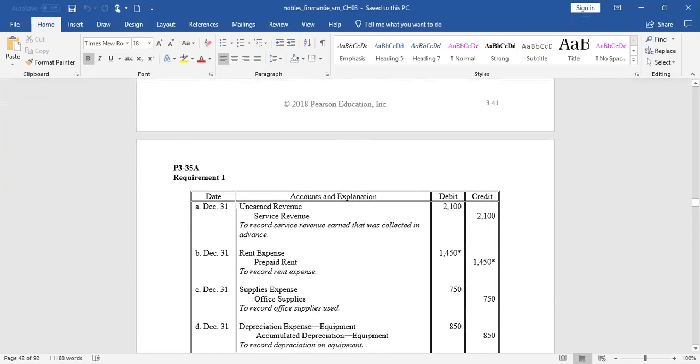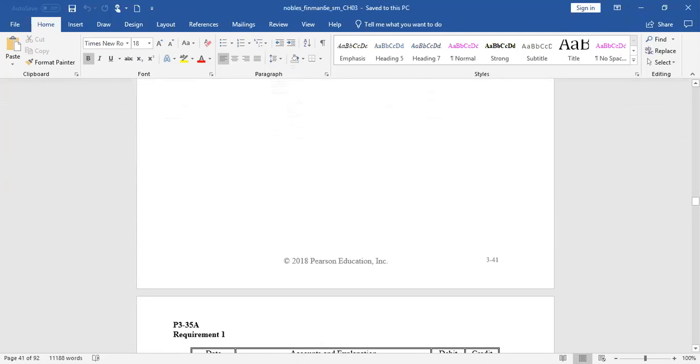So in P3-35A, we have Anniston Air Purification Systems, and presented there is their unadjusted trial balance. Remember when we were talking about the accounting cycle? The accounting cycle is what we are involved in now. We've done the first steps in the accounting cycle in Chapter 2, and that is to record your everyday business transactions and post them to the T accounts.